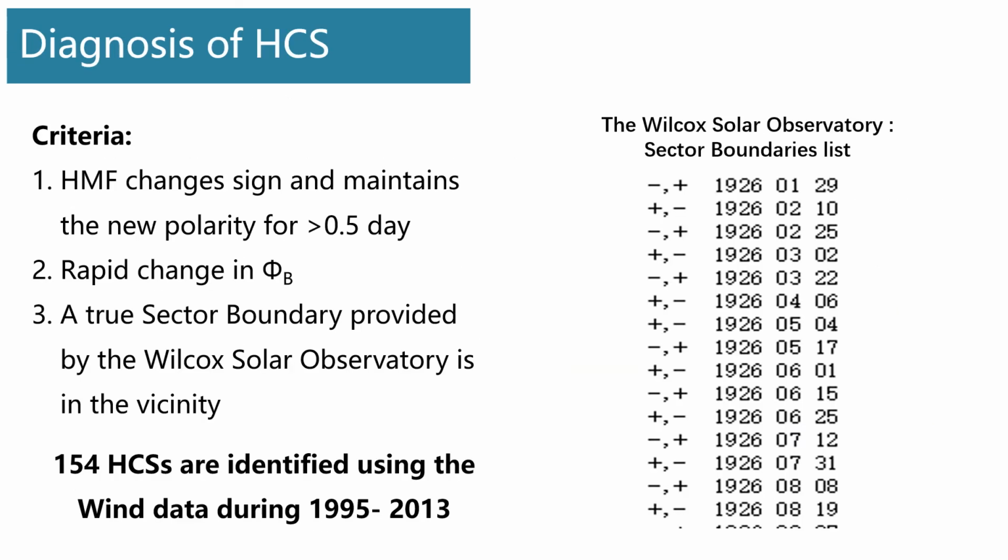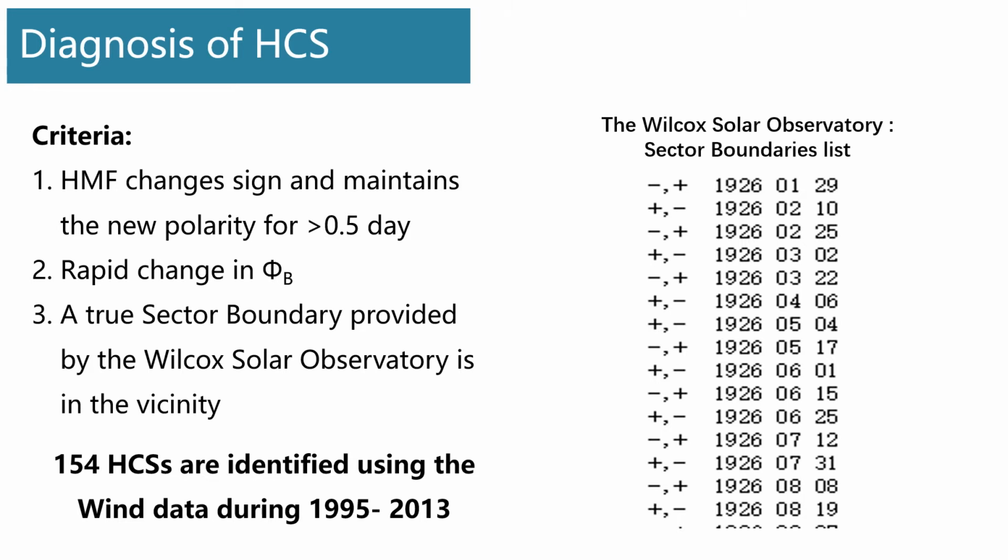To identify HCS, several criteria are applied to avoid some local current sheets. For example, the magnetic field changes sign and maintains for a very long time, and we need some rapid changes in the heliospheric magnetic field directions.